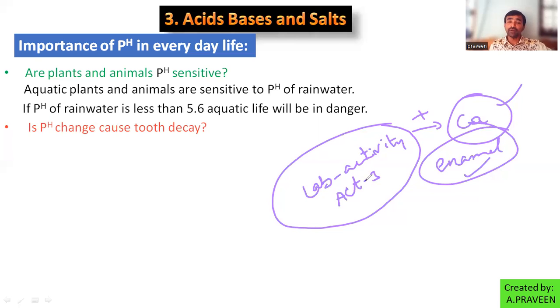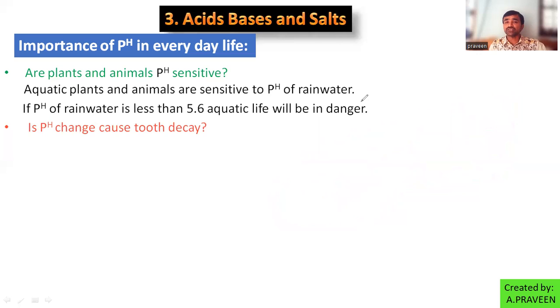Simply, acid or base reacting with a metal produces salt and a gas. So what happens to the strength of the metal? It decreases. So the strength of your teeth will decrease and they will be corroded. So what pH do we need to maintain?